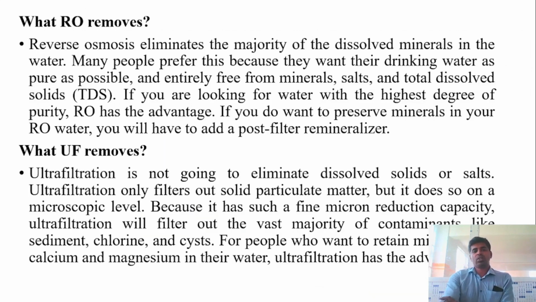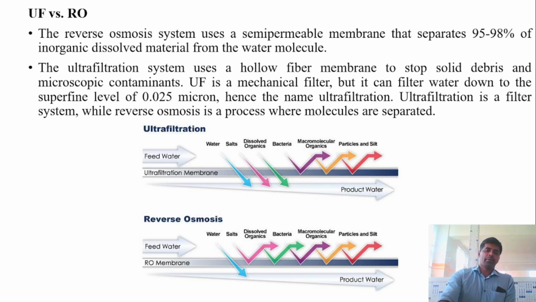So what RO removes and what UF removes, we have already seen in the previous image: ultrafiltration could remove only bacteria, macromolecular organics, particles and silt. But reverse osmosis can separate salts, dissolved organics, any dissolved material and microscopic contaminants. Particles, silt, bacteria, it can easily separate out.